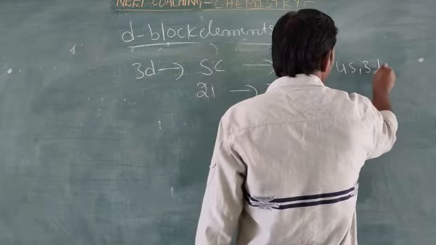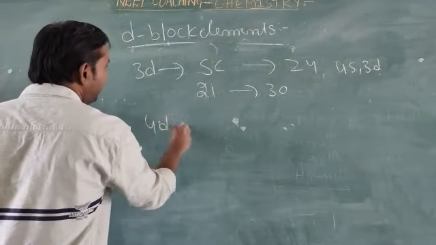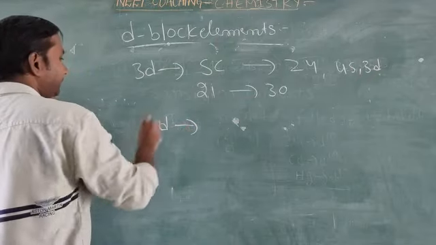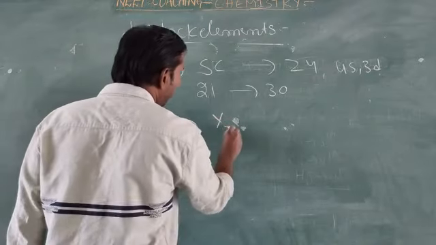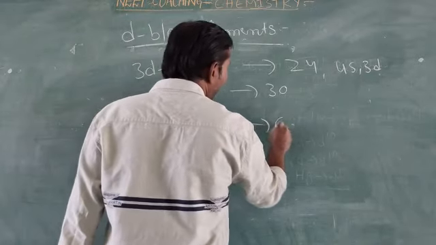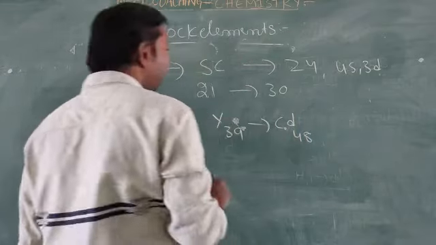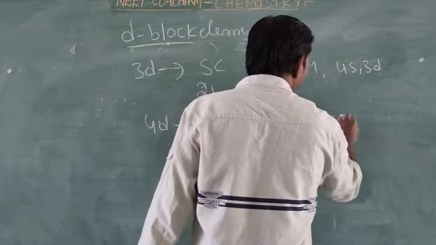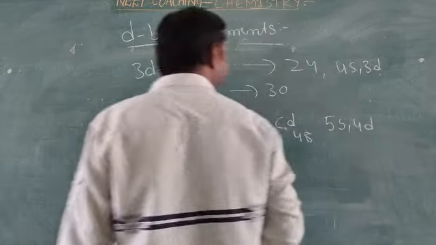Next, the 4d series, yttrium 39 to cadmium 48. Here the valence shells are 5s, 4d.